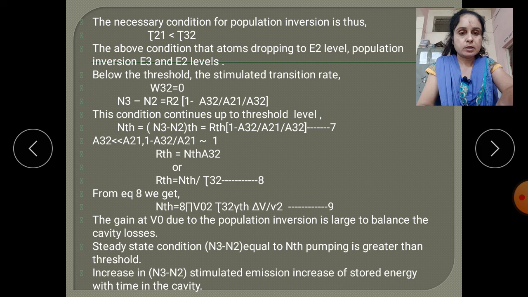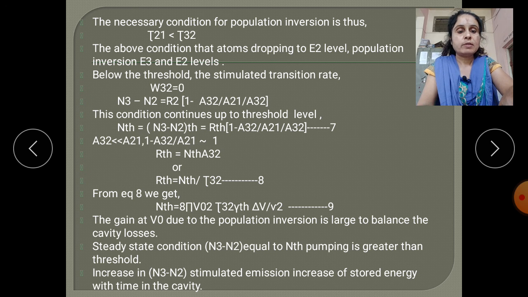So, this will be A32 less than A21. In this manner we can prove that A32 is less than A21. So, 1 minus A32 upon A21 is approximately 1.